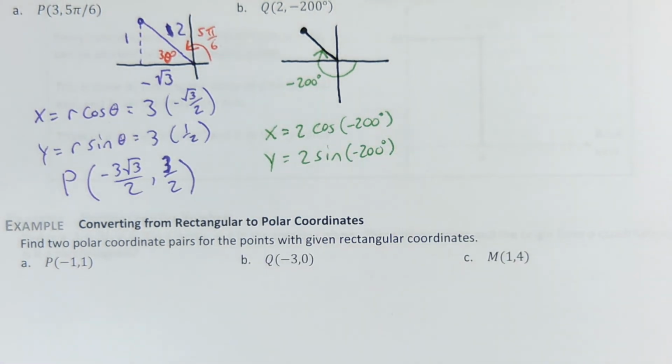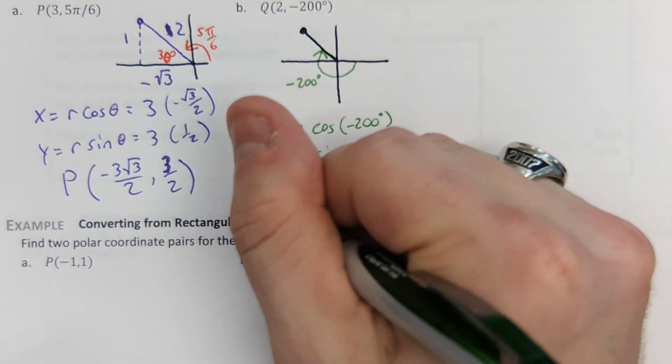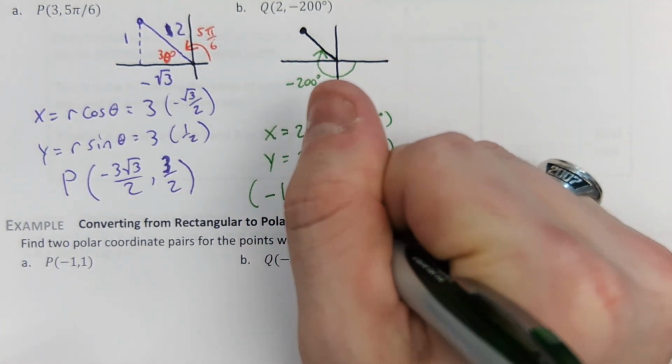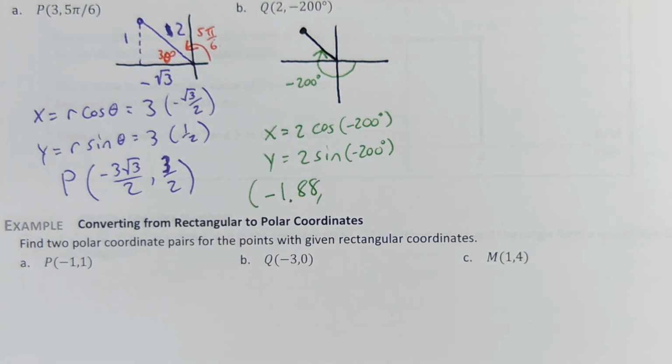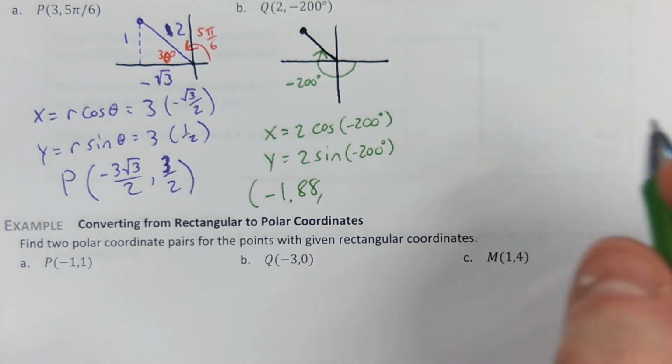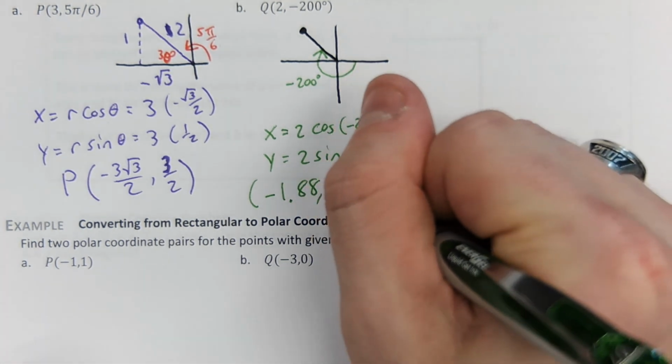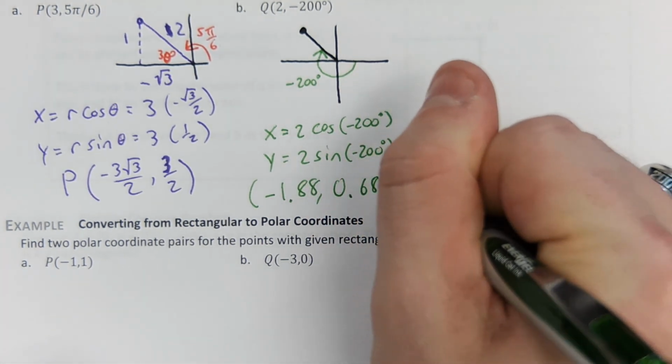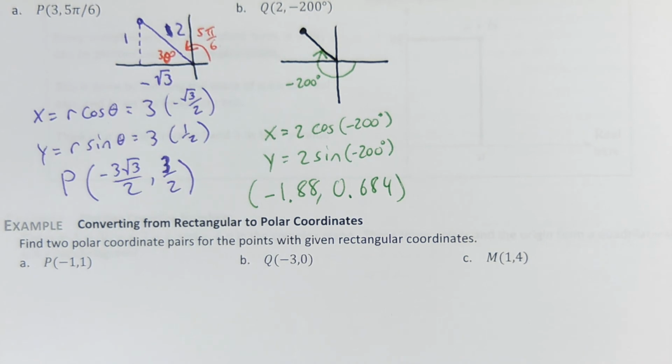Now, I don't have these numbers memorized, so time to grab a graphing calculator. Make sure I'm in degree mode. I am. 2 cosine negative 200. Aha. So the coordinates will be negative 1.88, comma, 0.684. There.